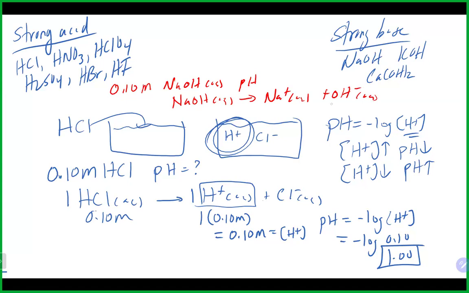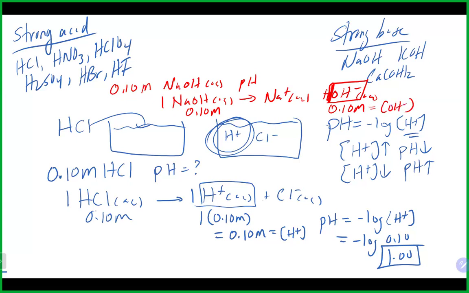So in this case, to help us get to the pH, it's actually the hydroxide concentration we're interested in. And we could do the same thing. This is 0.1 molar. It's a 1-to-1 relationship between those two, which means that this is 0.1 molar.